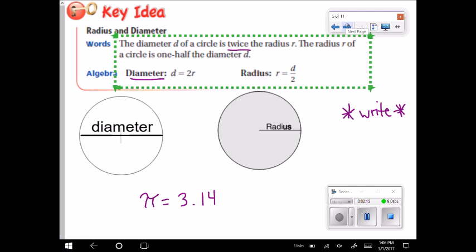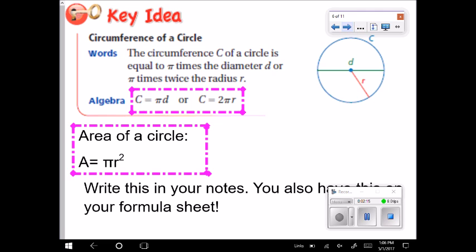Okay? Next slide is also very important that you would write this down. As you can see, it says write this in your notes. So you need to make sure you have this in your notes. It could be on the formula sheet that I gave you yesterday as well, so that's fine, but I would like you to write it down. So the circumference of a circle is equal to pi times the diameter, or pi times twice the radius.